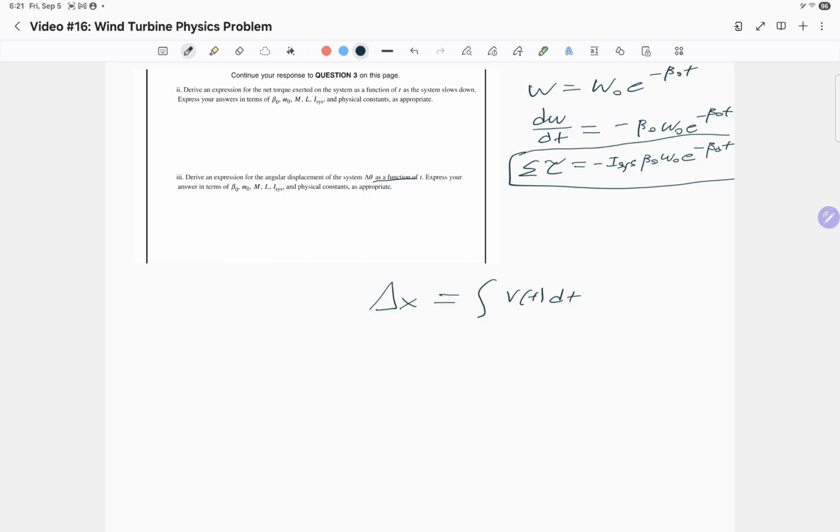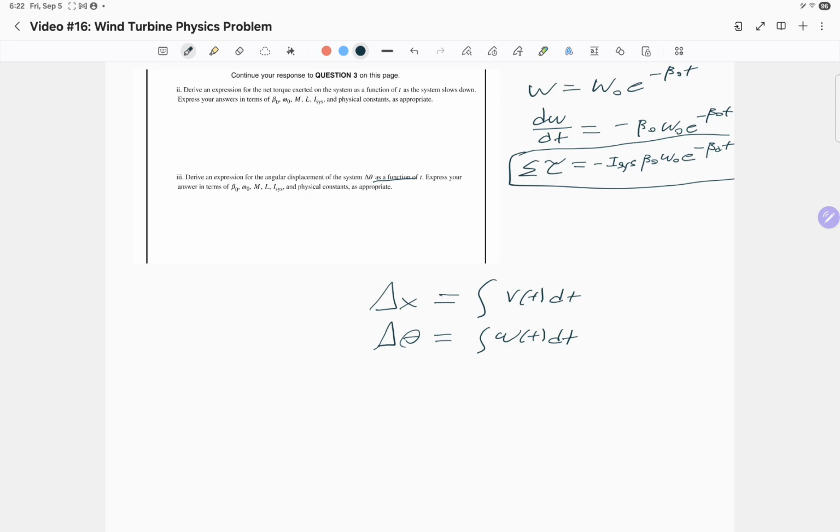But here we're just rewriting this expression with our rotational variables for our kinematic quantities, right? So we're going to have delta theta equals the integral of negative t dt, something like this, right? And that's not bad, but we need to not forget our limits.